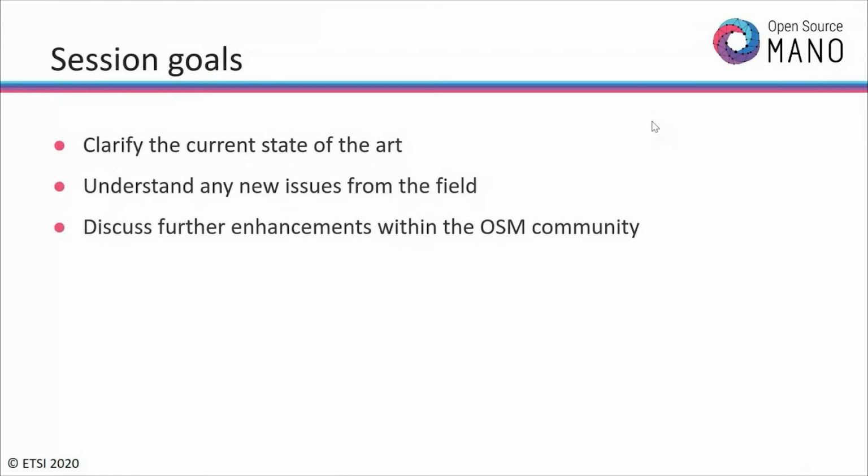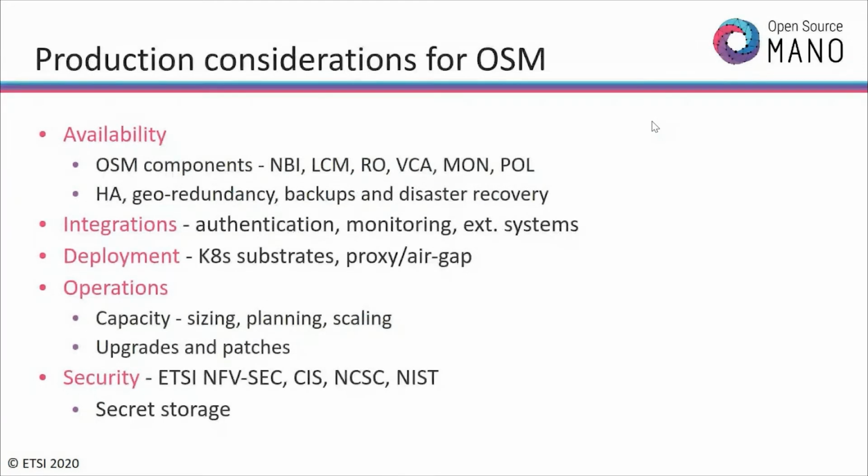We already have some information about specific customer requirements that should be driving new production considerations for OSM. We also have feedback from partners with regards to production. And we want to discuss further enhancements within the OSM community in order to make OSM really robust to address production use cases. So how should OSM be configured to be as efficient as possible for production?